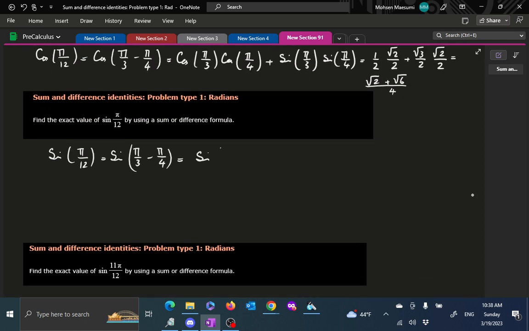So sine of first, cosine of the second, minus cosine of first, sine of the second, and we just fill in the details. Sine of this is pi third or 60 degrees.